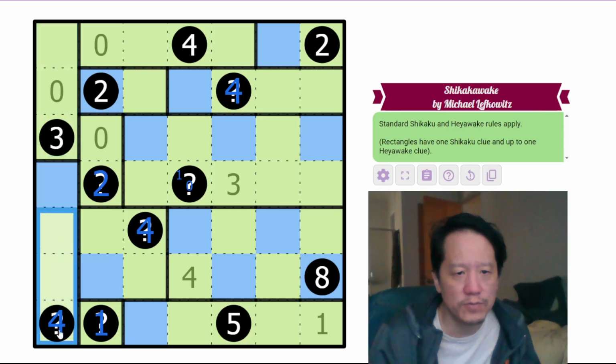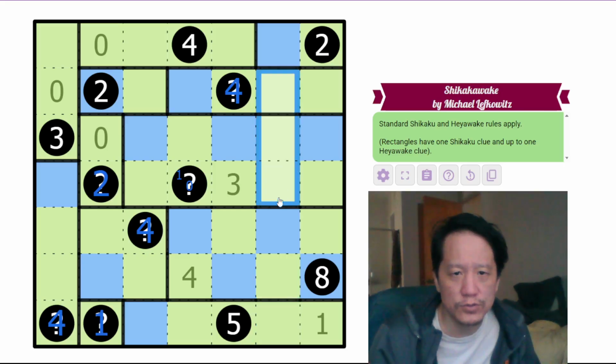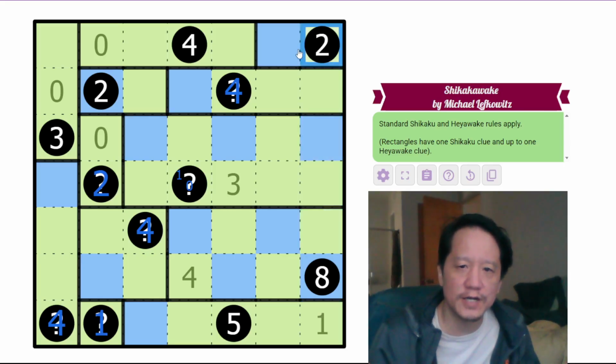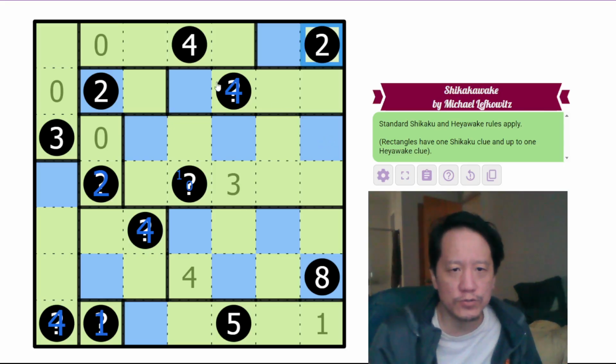This is 1 room, 1 room, 1 room, 2 rooms, 1 room. And so that's the shading. No 2 rooms have unshaded, and no 3 rooms have unshaded cells.